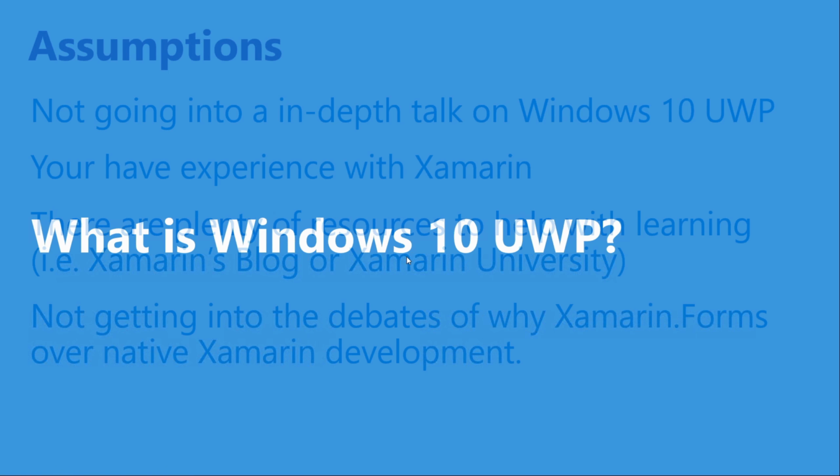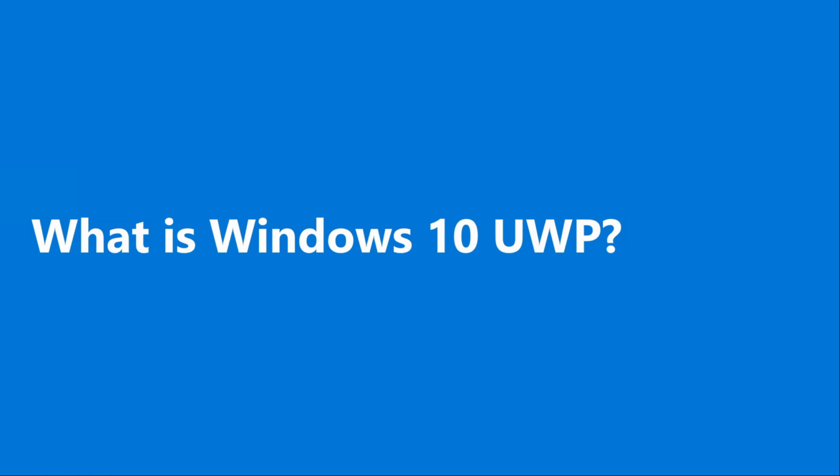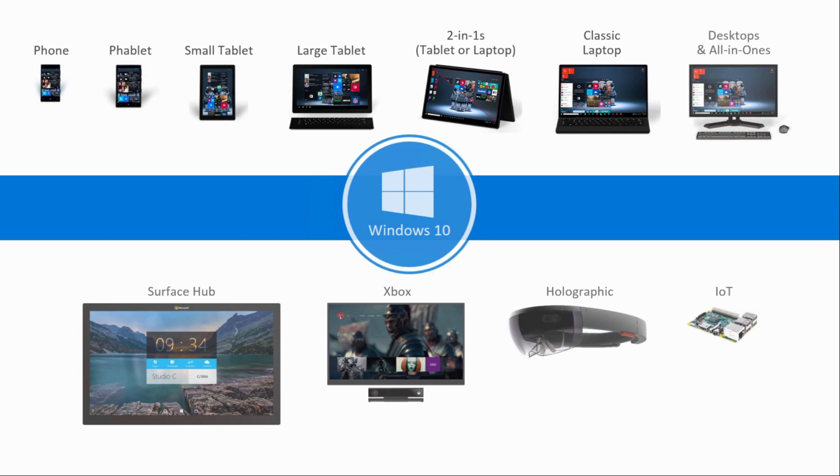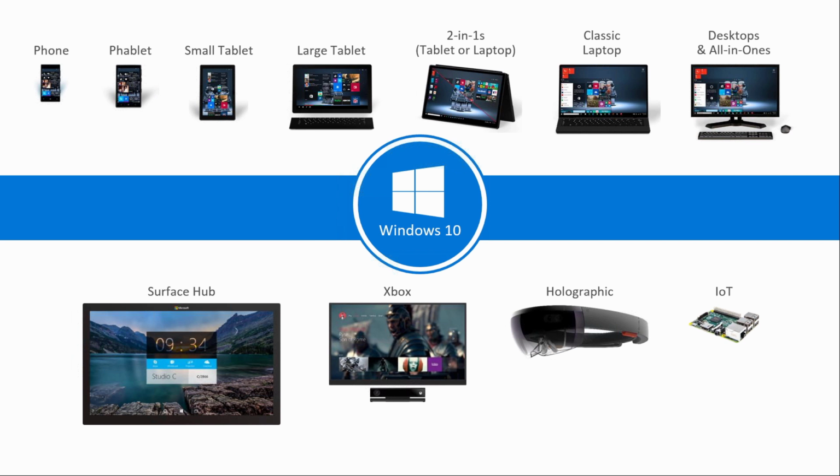Okay, so let's tackle the first question. What is Windows 10 UWP? Well, Microsoft has rolled out the new operating system. If you haven't heard, it's Windows 10, surprise. And they have that now across multiple devices.